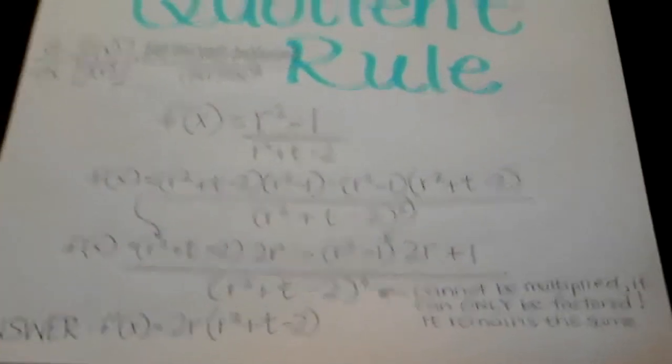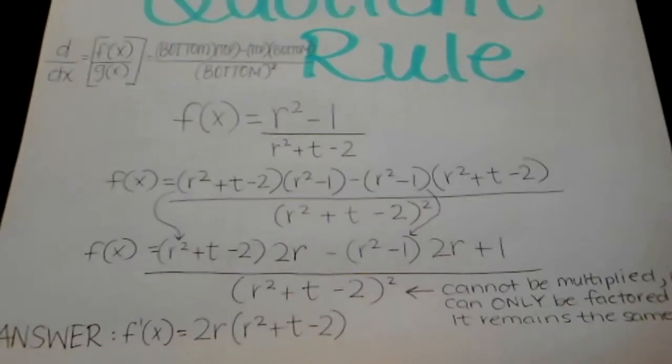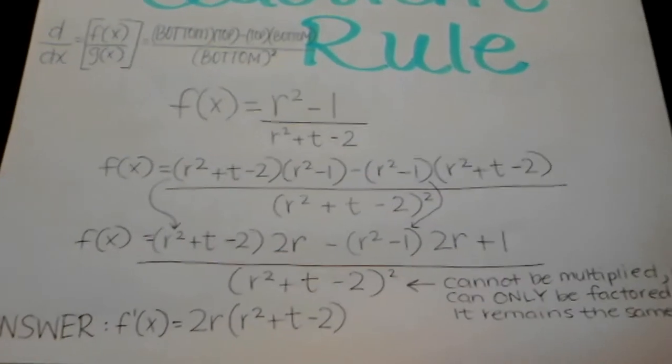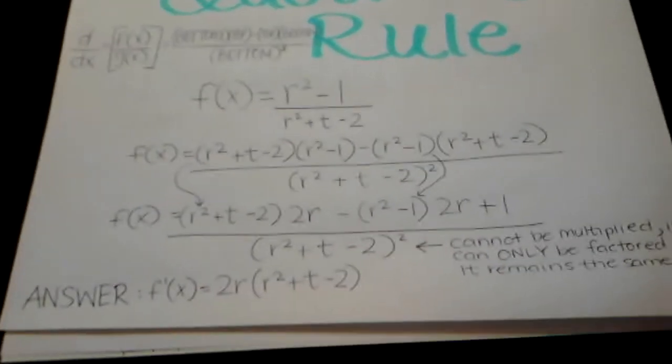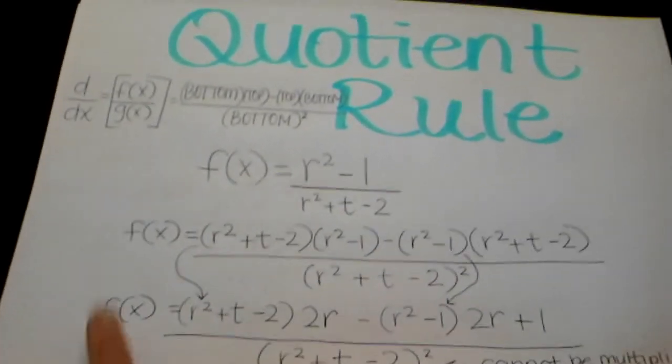Okay, now we're going to get started with the problem. f of x equals r squared minus 1 divided by r squared plus r minus 2. Now I'm going to show you how to write the problem out.